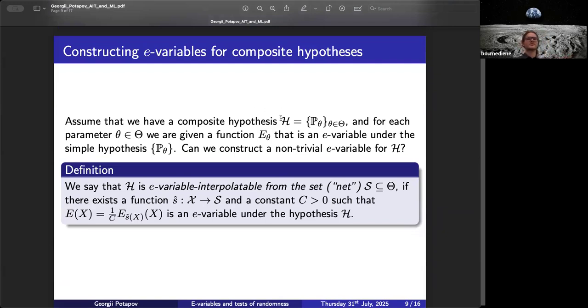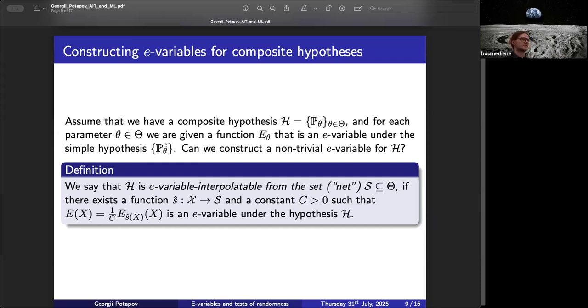We can consider some hypothesis, which is a composite hypothesis with many different distributions. And for each individual distribution inside this hypothesis, we have an e-variable for this corresponding simple hypothesis.